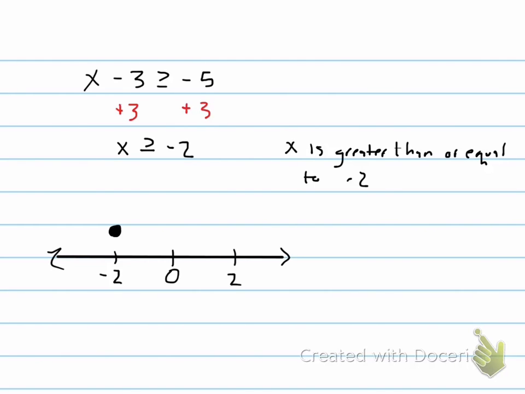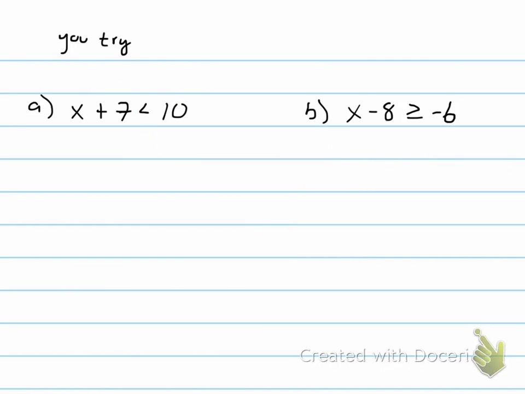So, greater than or equal to negative 2. Which numbers are the numbers that are greater than or equal to? And it's all the numbers going up the number line. Alright? So I'm going to pause this here. I'm going to let you guys try some. You try these.